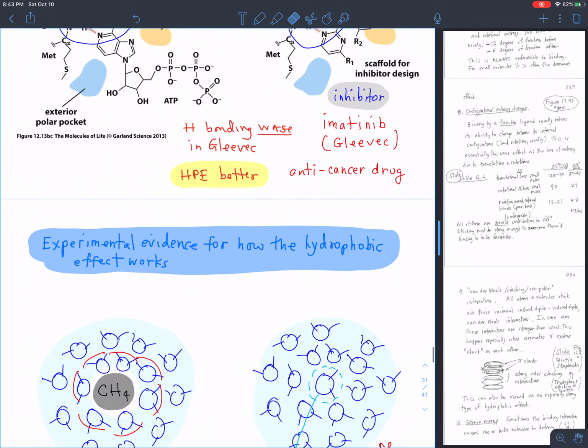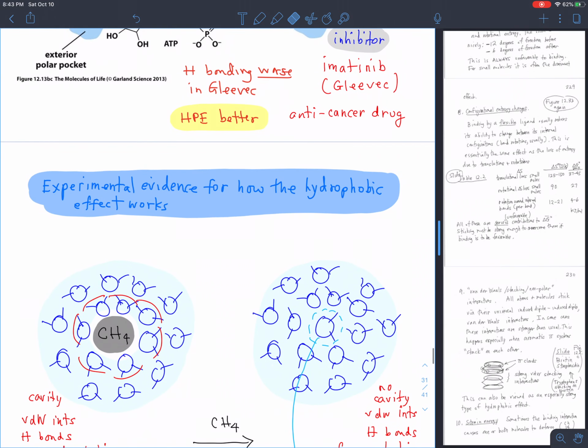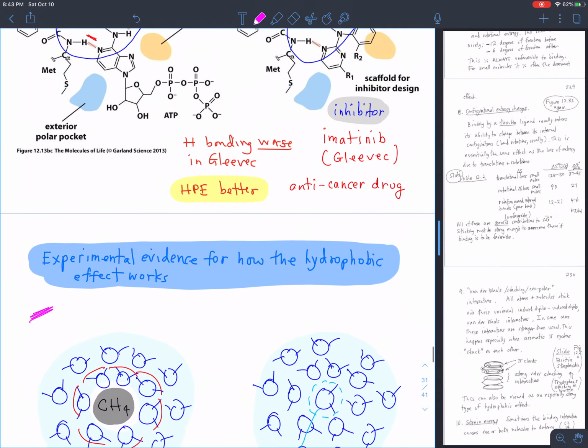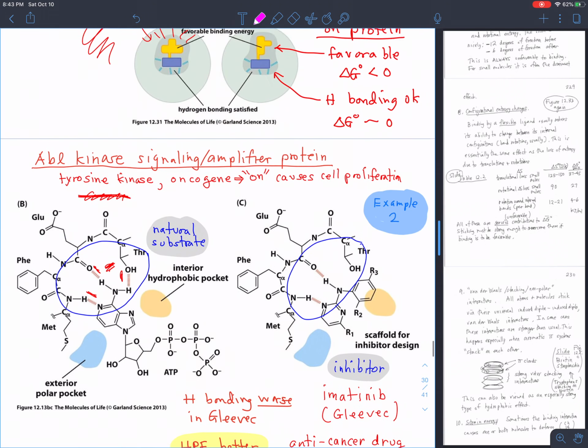All right. The hydrophobic effect has been modeled experimentally, well, not experimentally, well, experimentally too, and we'll talk about that here. But it's also been modeled in simulations, and that's where a fair amount of the interpretation that I gave above comes from.